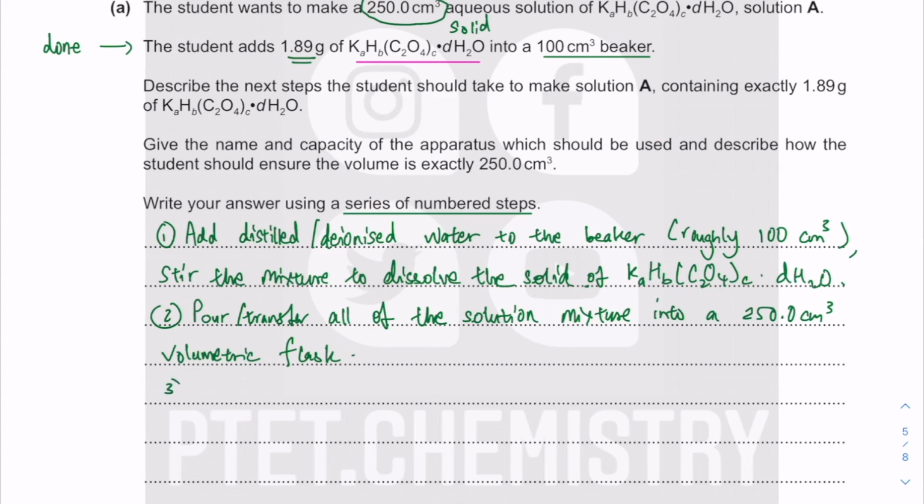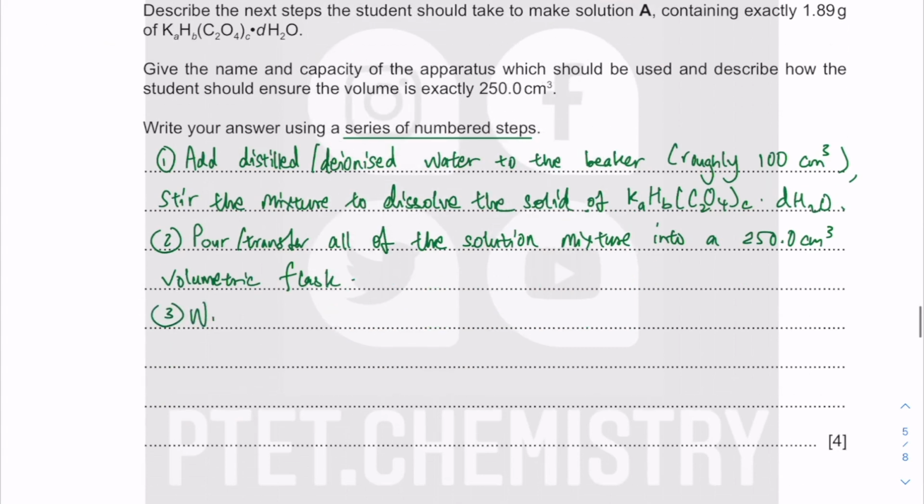What else? Wash. Just because we try to dissolve as much as possible, there could be some residual solid still left in the beaker. So wash the previously used beaker, or you can just say wash the beaker. And just like we used distilled water just now, we will use a small volume of deionized or distilled water.